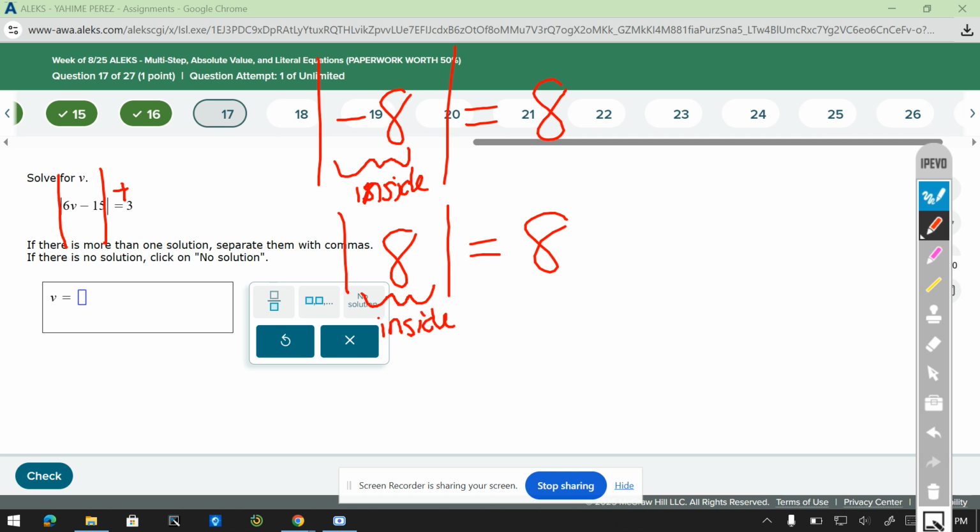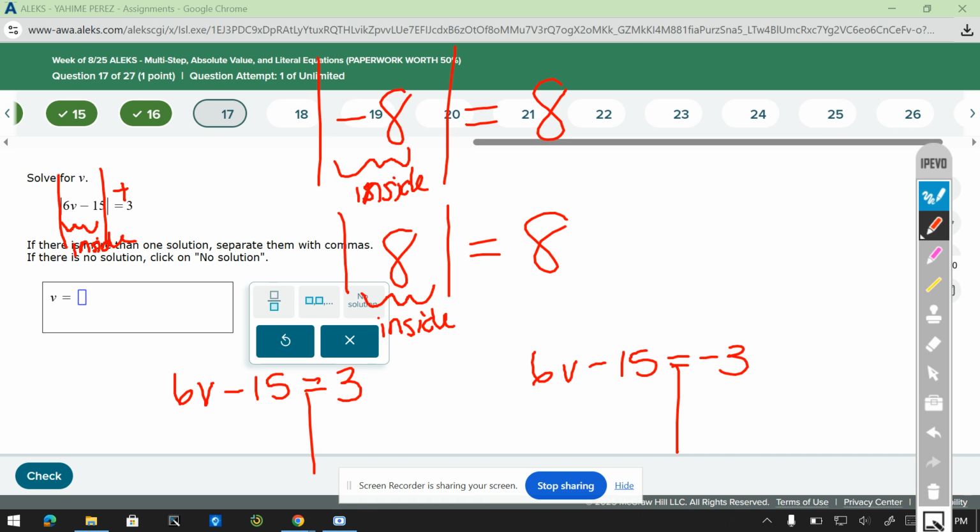So to solve this equation, we're going to take the inside of the absolute value, which is 6b minus 15, and make that equal to +3, and the inside, 6b minus 15, can also be equal to -3.